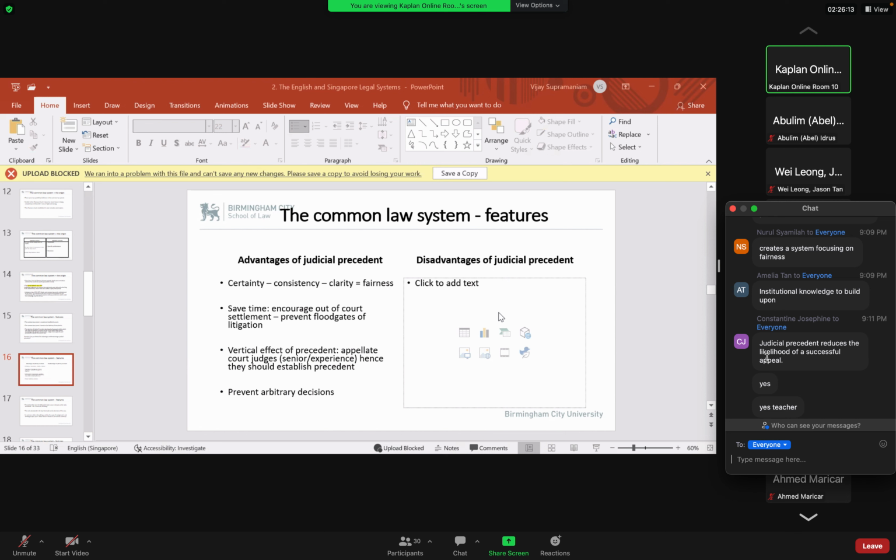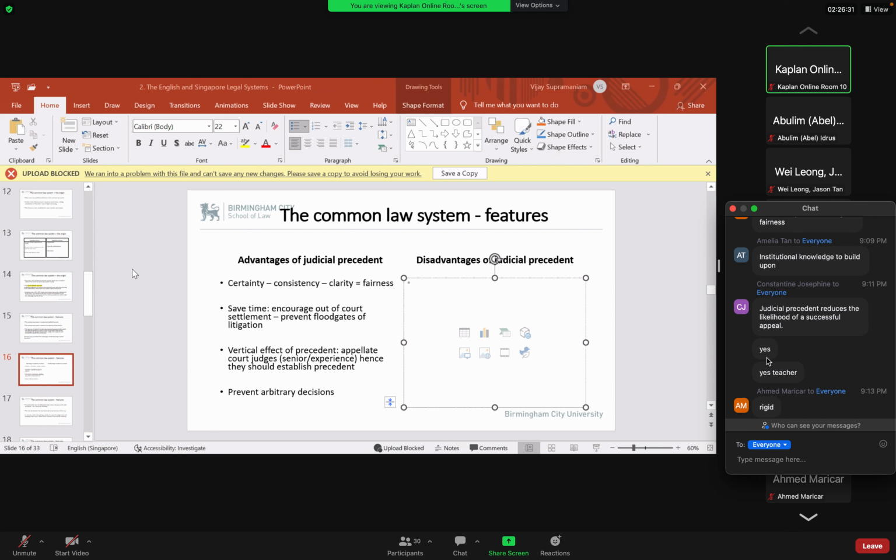Now, let's look at the disadvantages. Share your views. Others, what do you all think?